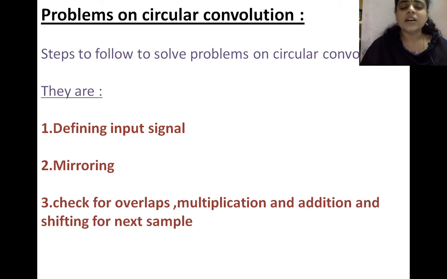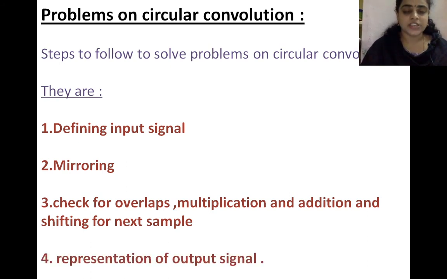This is the complete calculation step. The entire process goes on in this third step only. The final step is representation of the output signal. So there are 4 basic steps in circular convolution: definition of the input signal, mirroring, checking for overlaps, multiplication, addition and all calculations, and representation of the output signal.